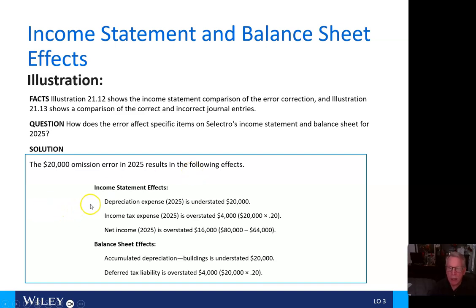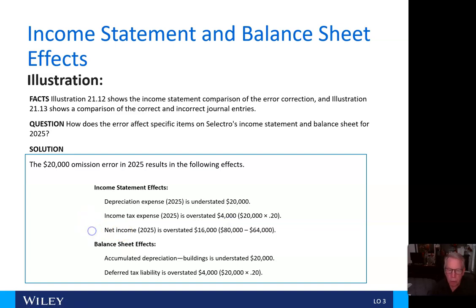effects. On the income statement, income is understated by the $20,000 of depreciation expense. Income tax expense is overstated by $4,000, which is the 20% enacted tax rate times $20,000, which is $4,000.